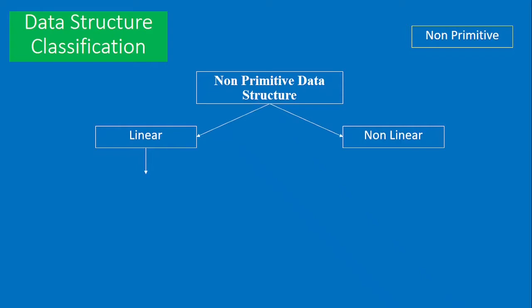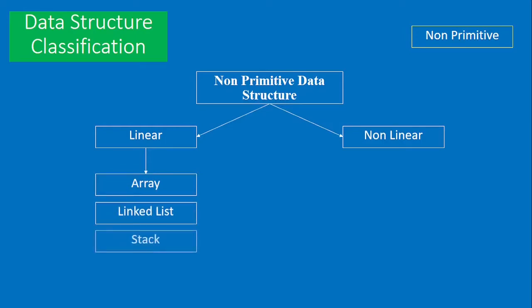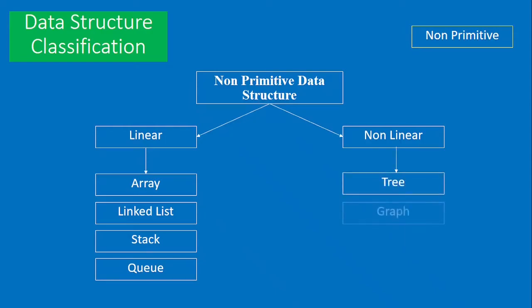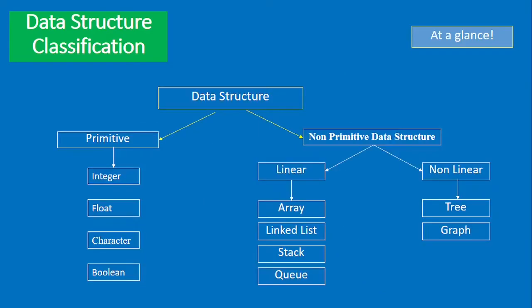Linear data types are, for example, array, linked list, stack, and queue, and non-linear are tree and graph. These are the non-primitive data types.